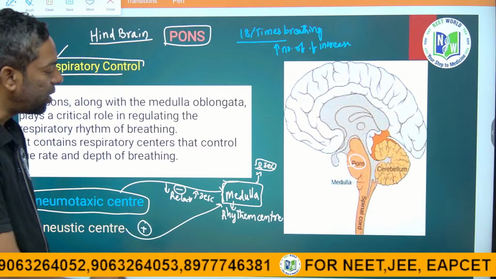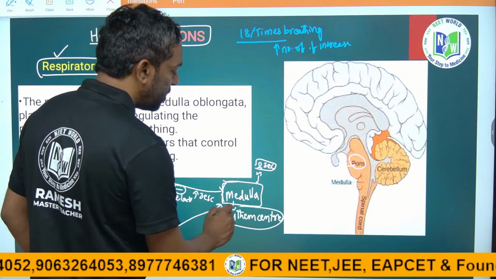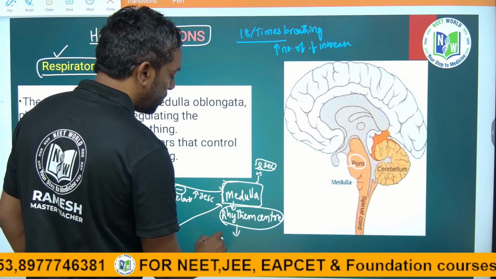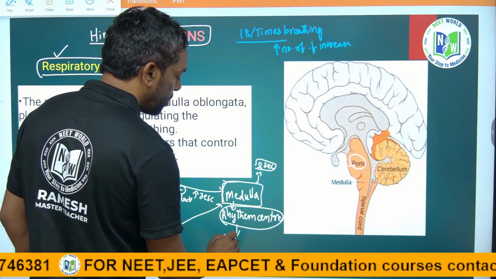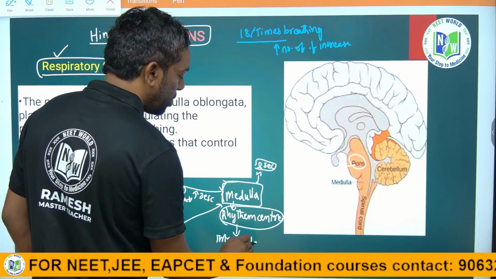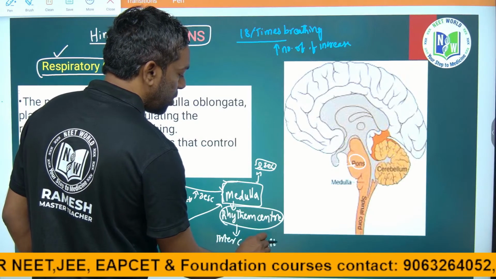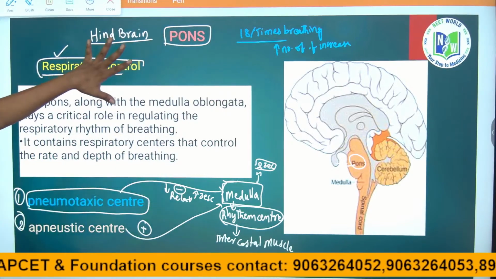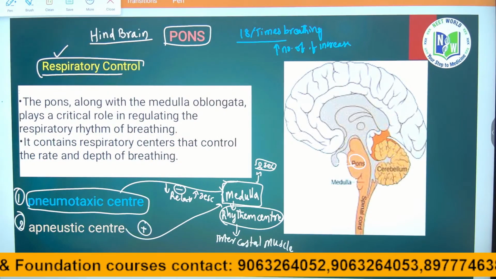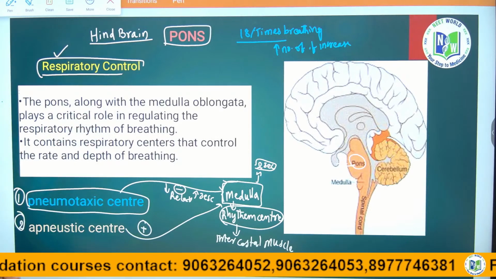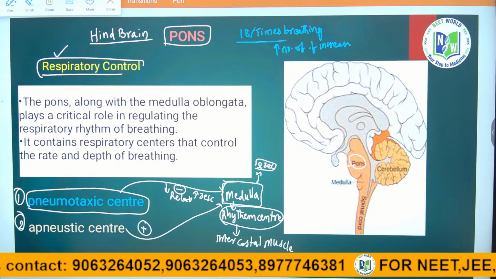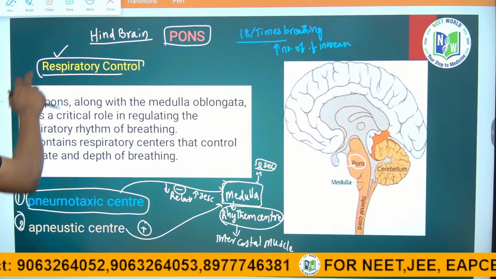The medullary rhythm center finally gives the signal to the costal, intercostal muscles. That is why the pons regulates the respiratory system. Okay, next slide.